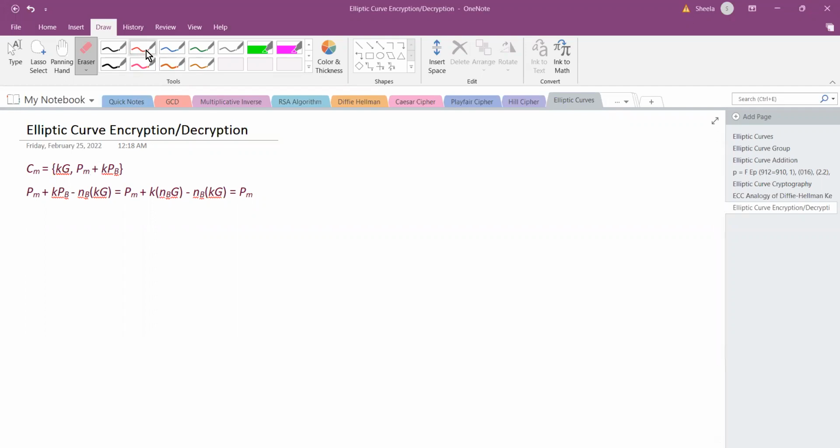When we consider encryption using elliptic curve cryptography, if user A wants to send a message to user B, then user A will select the corresponding public key of user B. Both user A and user B know the elliptic curve group and the point G, that is EP(A, B) and G.